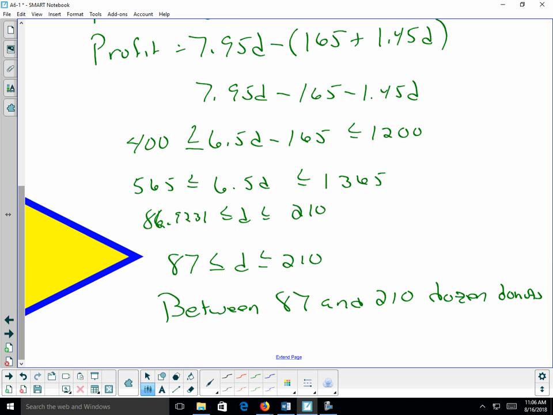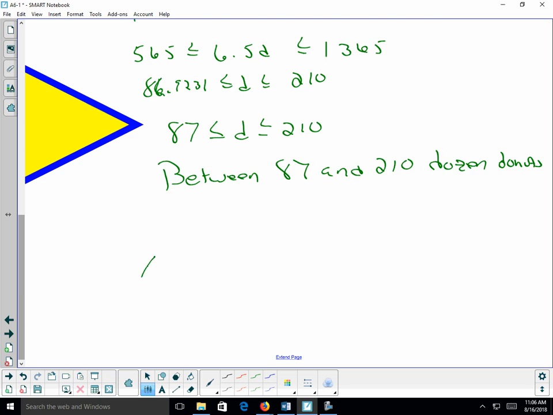Now here's what is tricky about inequalities and word problems. Let's say I had 86.1 is less than or equal to D. In order to make that profit, I still would have to round this to 87, because 86 will not give me the $400. I'll be a little bit shy.